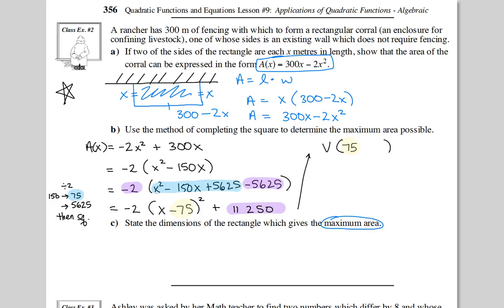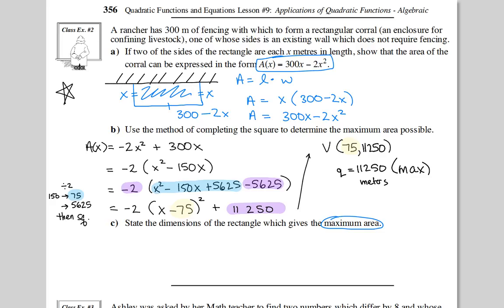And then the q value for the vertex is 11,250. Good. So this q, 11,250, is the max. And I think the unit is meters? So that is the max value, 11,250. That's the area. It's the maximum area.